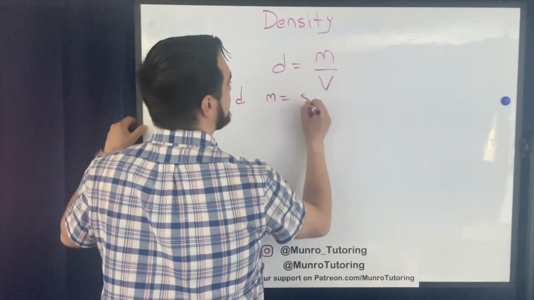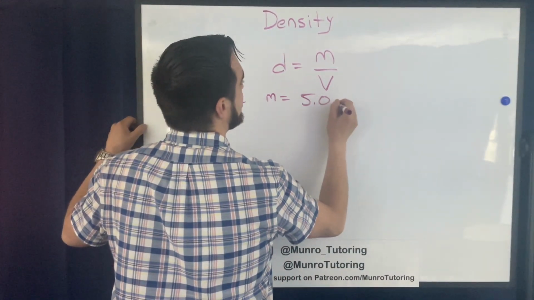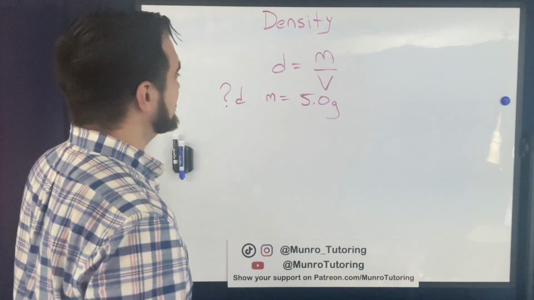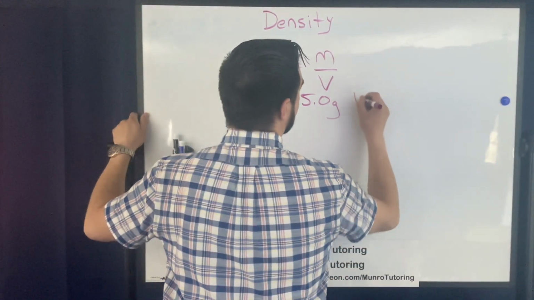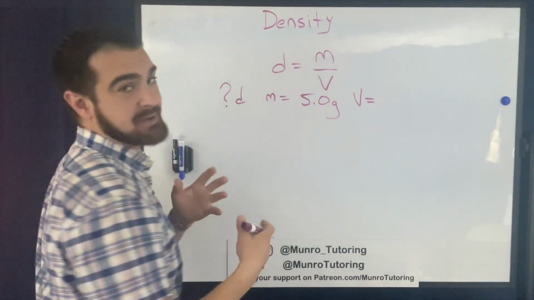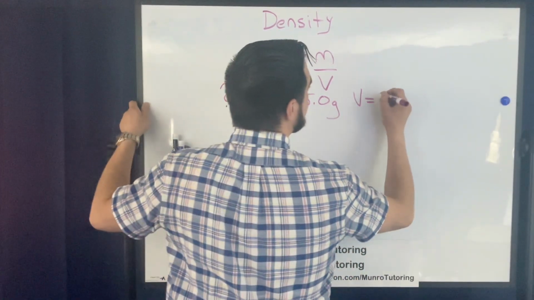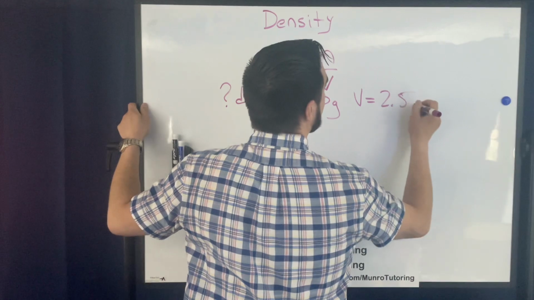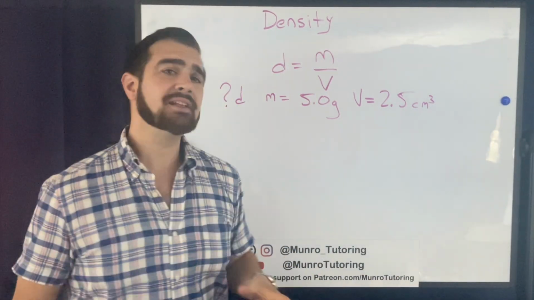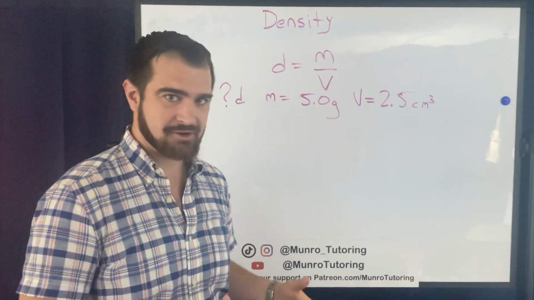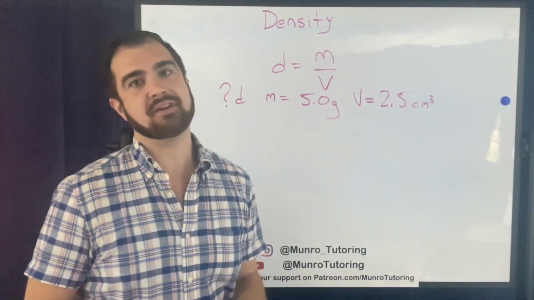And let's just say that I wrote 5.0 grams in the problem. So what's the density of a 5.0 gram object if the volume that it occupies, or the space that it occupies, was 2.5 centimeters cubed? Now, let's just do a quick aside here and just talk about the units of volume, okay?